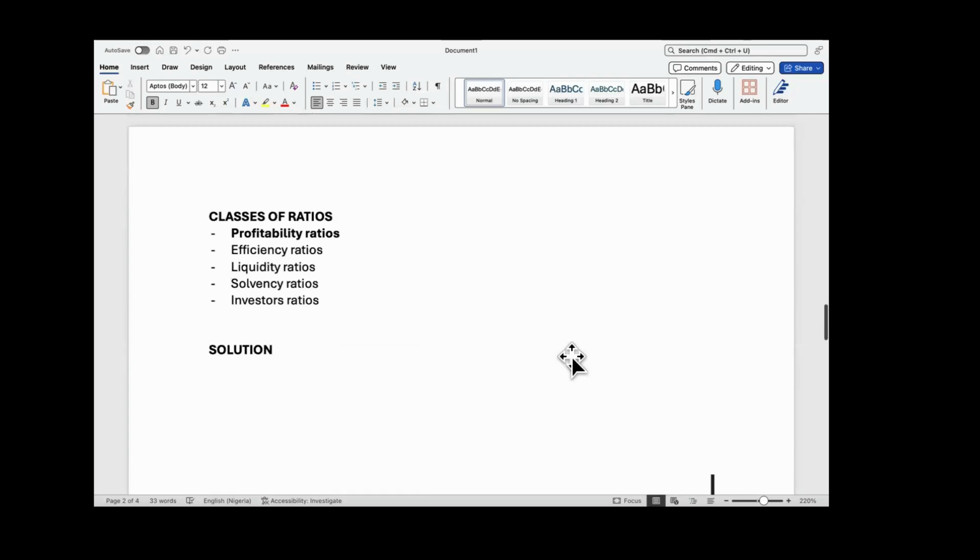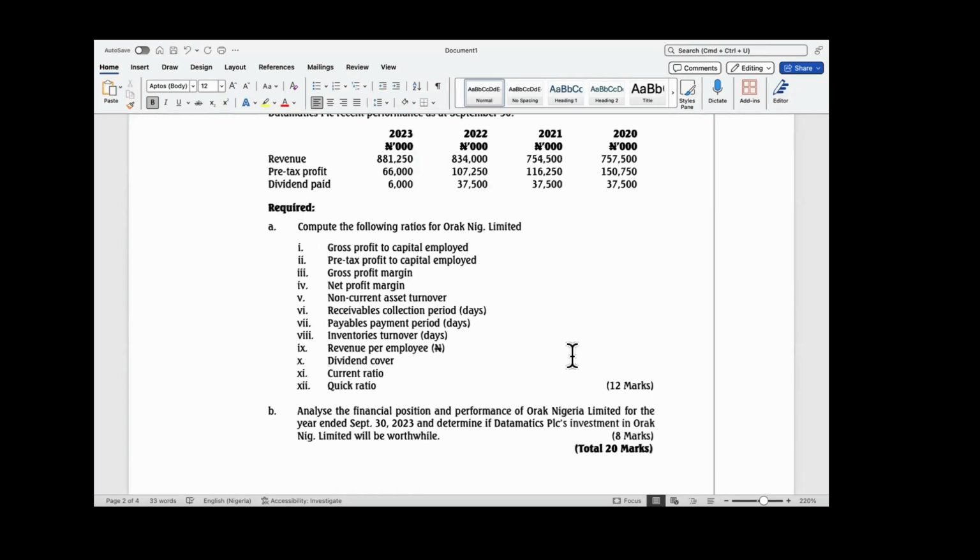So now, let's read the question. It says, ORAC Limited is a specialist computer components manufacturer.